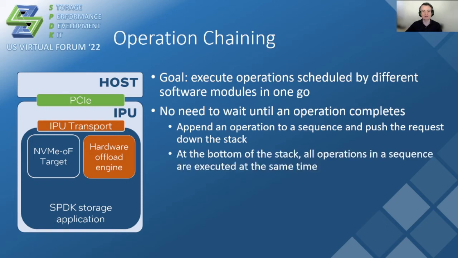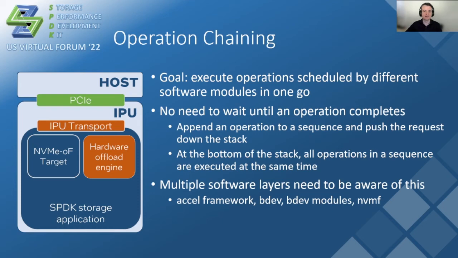Then, once we actually reach the bottom of the stack, when we need to move the data either over the network or to a disk, we can execute all of those pending operations at the same time. That way, if the hardware supports executing some of those operations as a single operation, it can be easily done at this level.